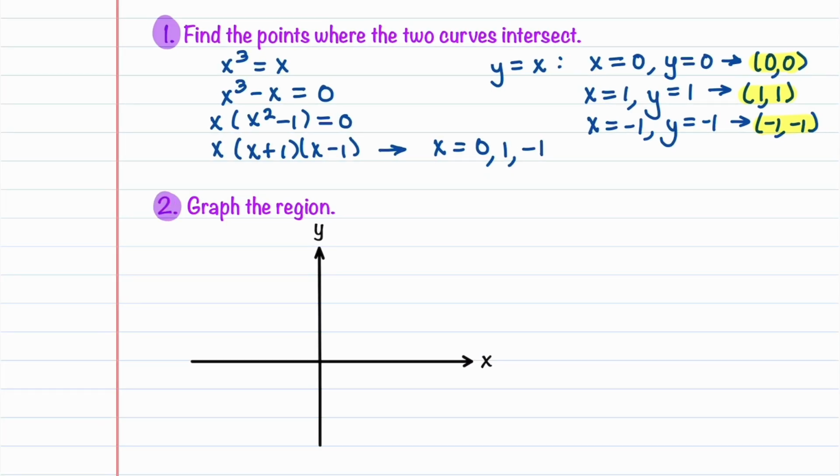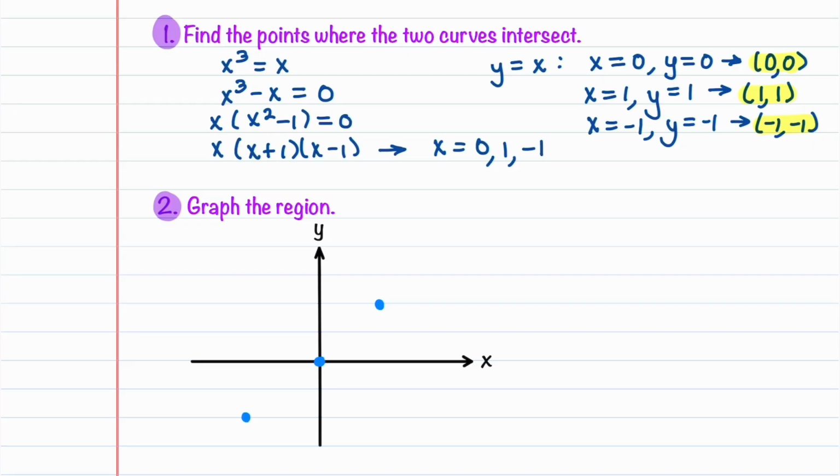In step 2, we are going to graph the region. Let's start by plotting these three intersection points that we just found. (0, 0) is here. Let's put (1, 1) up here to give us a little bit more space, and then we'll put minus 1 down there. Now we're going to graph our two curves.